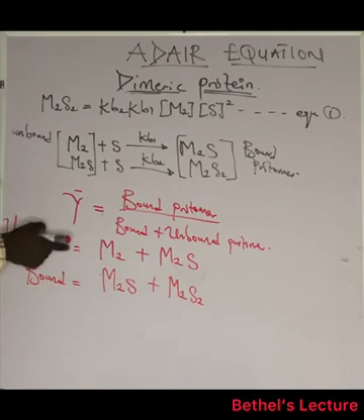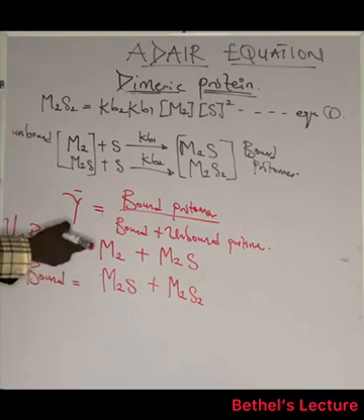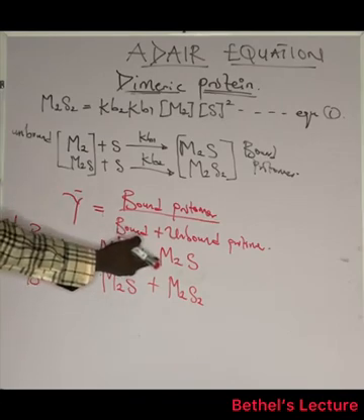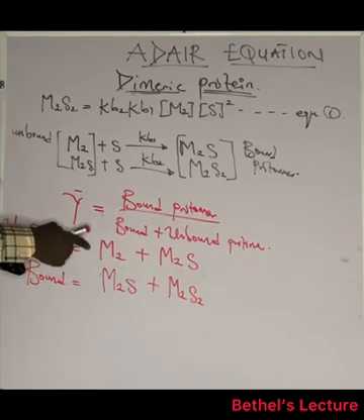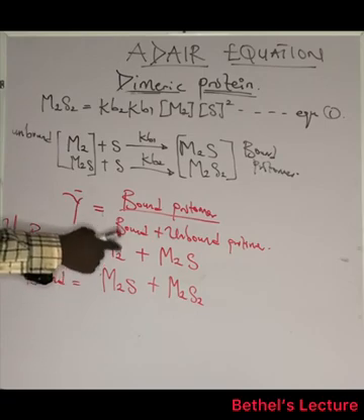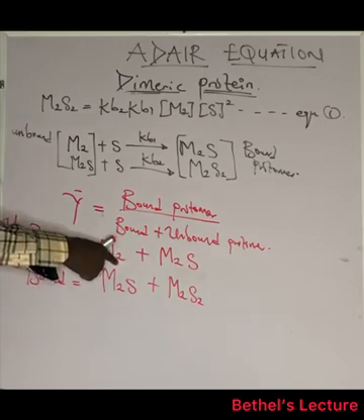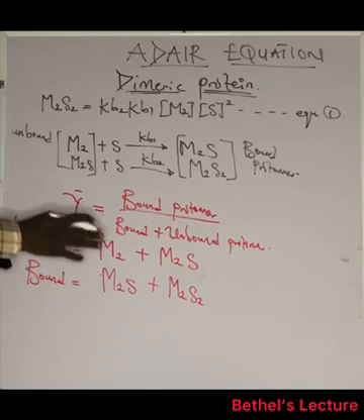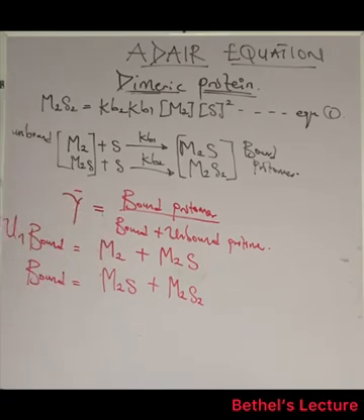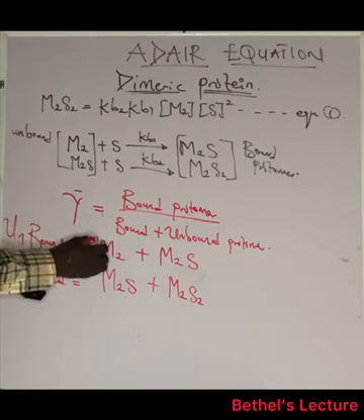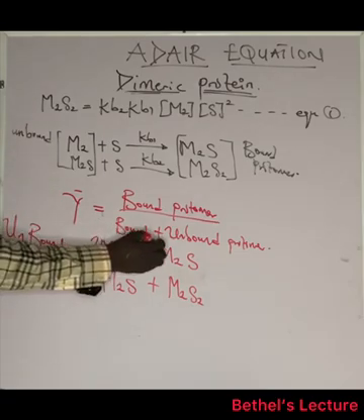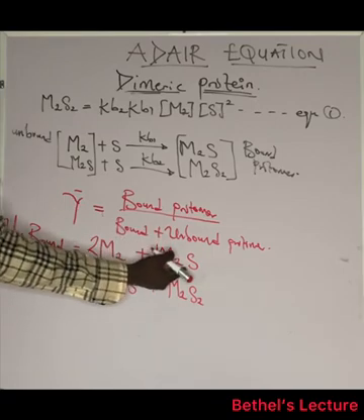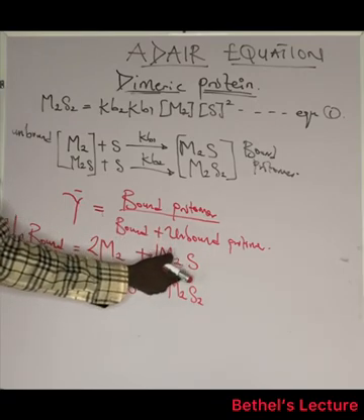Before we continue, we need to introduce some numbers at this point. We introduce 2 here and 1 here. The reason I introduce 2 here is because this one is unbound, that is to say it has 2 free active sites. That is the fresh protomer. It does not have any substrate bound to it, so the 2 sites are empty. Then once you put 2 here, indicate 1 here because there is only 1 more active site left.